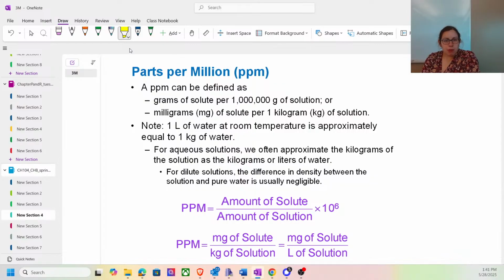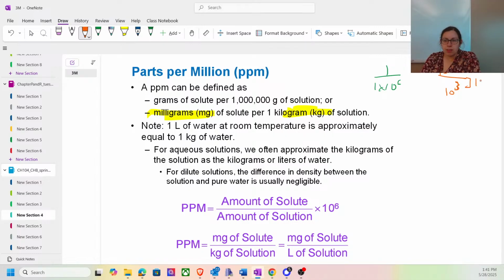And so again, right, we mentioned that it's 1 over 1 times 10 to the 6 in parts per million. So we can think about that and convert it to milligrams per kilogram. So milligrams of solute. And so if we think about milligrams, so milligrams is 10 to the negative 3. Kilograms is 10 to the 3rd.